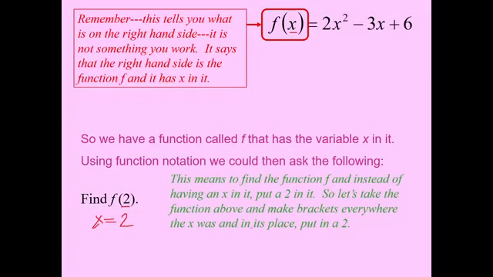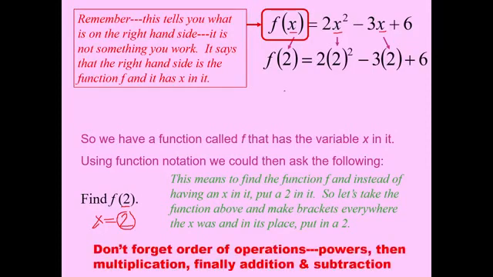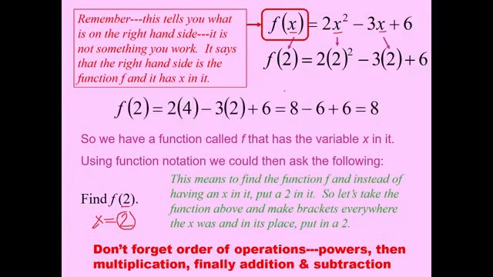So what are we going to do there? We substitute 2 over here. So that becomes f of 2. The x there becomes 2. And take note, don't forget order of operations. Start with the powers or simply the exponents, then multiplication, then finally addition and subtraction. Let's start with the exponents.